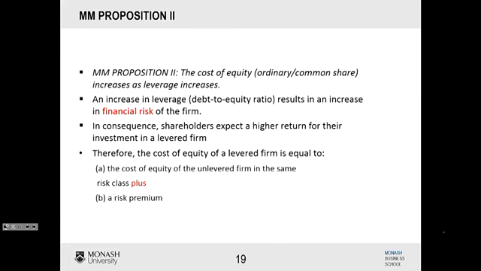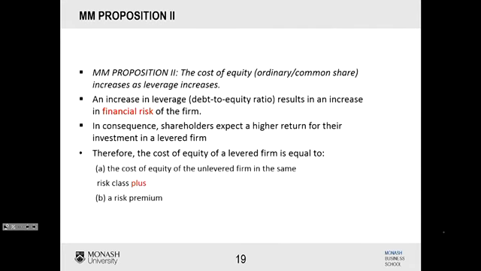Modigliani-Miller theory, the second proposition, says the cost of equity, referred to as ordinary share or common share, increases as the leverage increases. An increase in leverage, which means you have relatively more debt compared to equity, is going to have some results on the cost of equity. It's going to increase the financial risk of the firm.